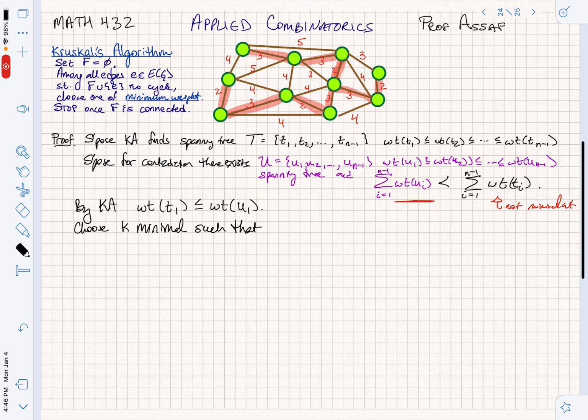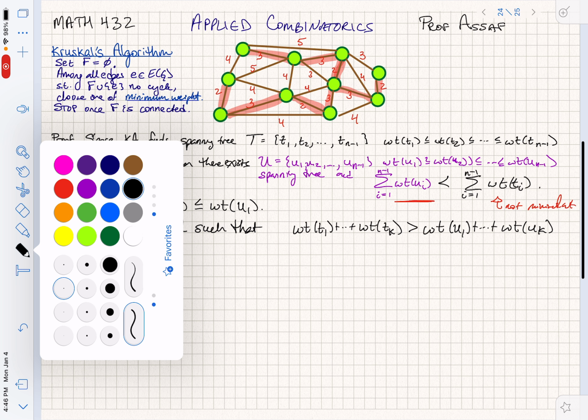So I'm going to take k to be the minimum time where the weight of T1 plus all the way to the weight of Tk, those first k things, is for the first time strictly bigger than the weight of U1 plus through the weight of Uk. So let's think about that and make sure that it makes sense.